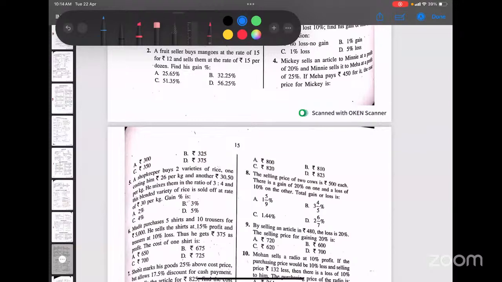So for Mickey, let's say he sells it at X and gets a profit of 20%. So this will be (X minus 360) divided by 360 into 100 is equal to 20.